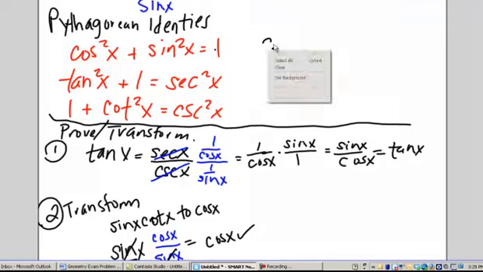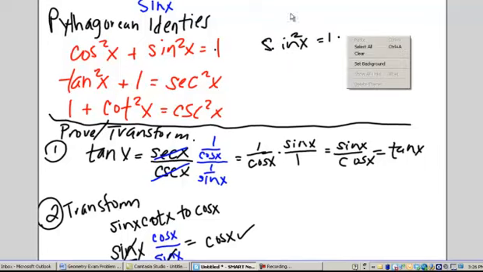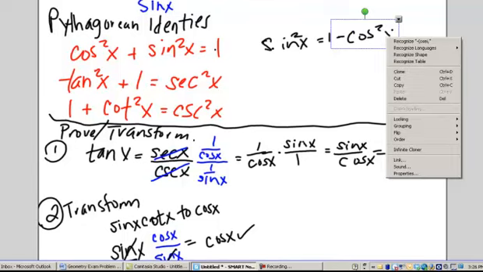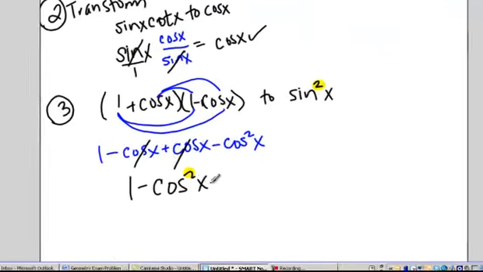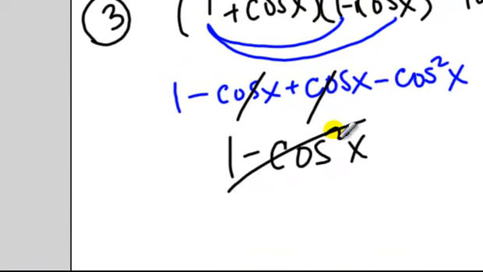So if we were to subtract cosine squared on both sides, we would have 1 minus cosine squared of x. So we just proved, or actually I should say transformed, this to sine squared of x.